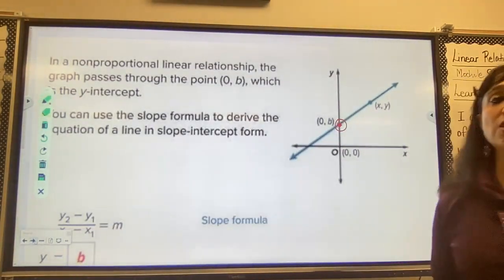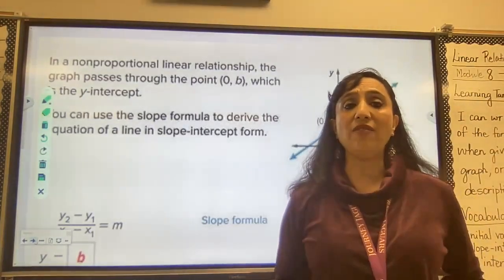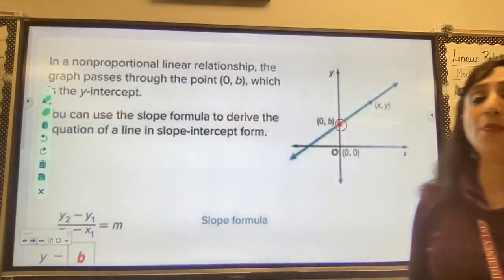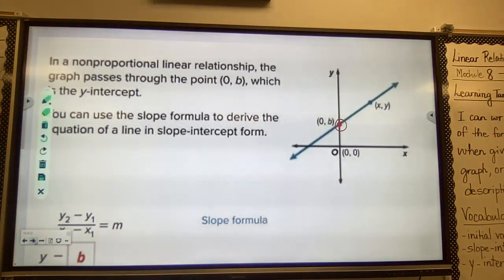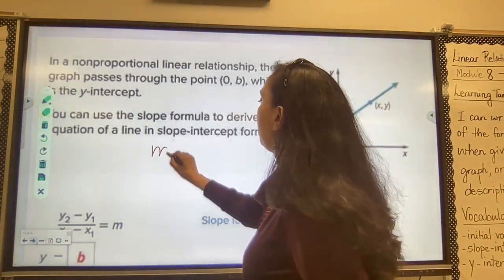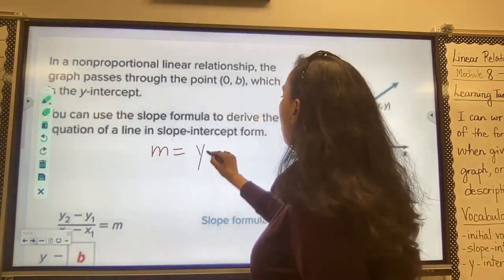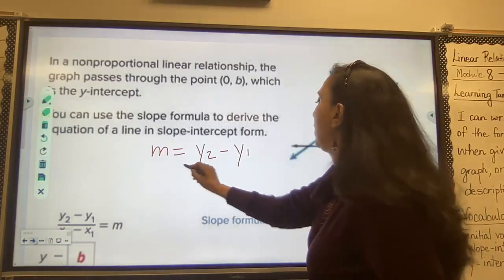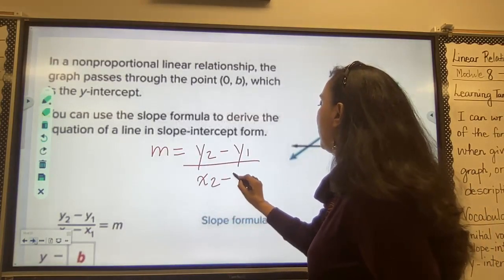And you can use the slope formula to derive the equation of a line in slope-intercept form. So what is my slope formula? My slope formula, m = (y2 - y1) / (x2 - x1).